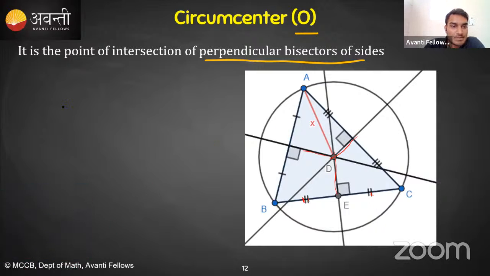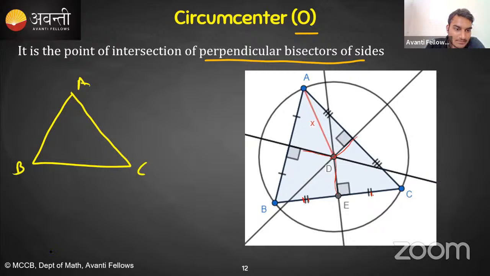Is this clear? Let me show you one more time, let's say this is ABC. For BC, I have to make a line which is perpendicular on BC and also a bisector of BC, like this.